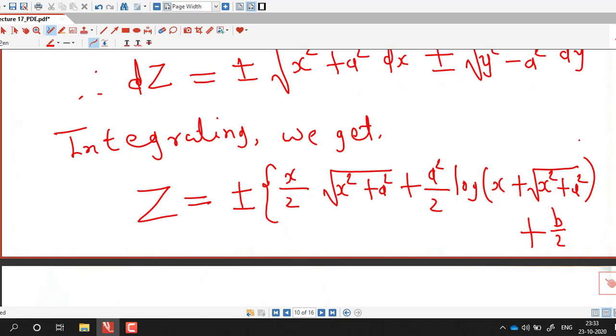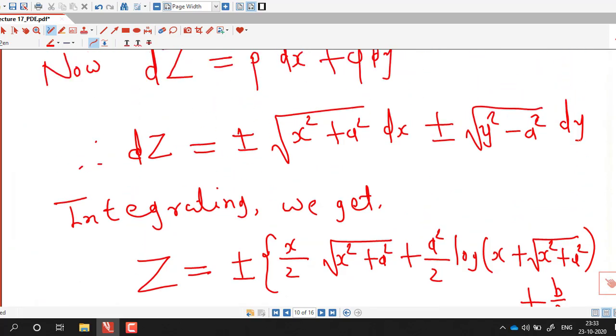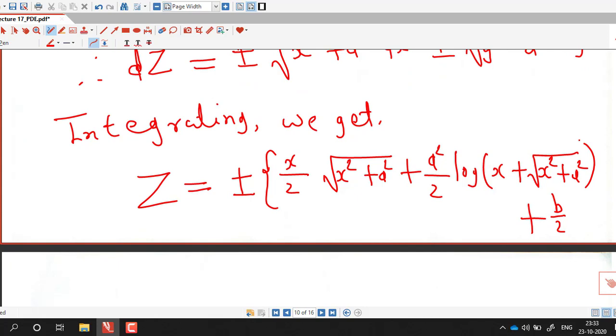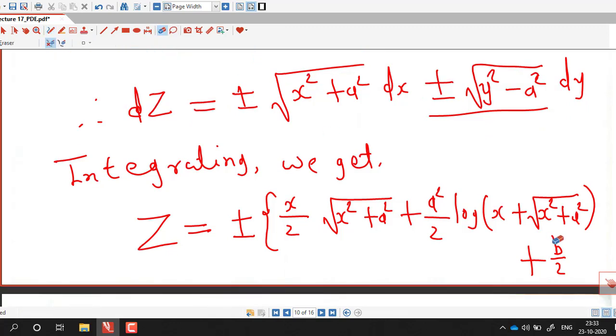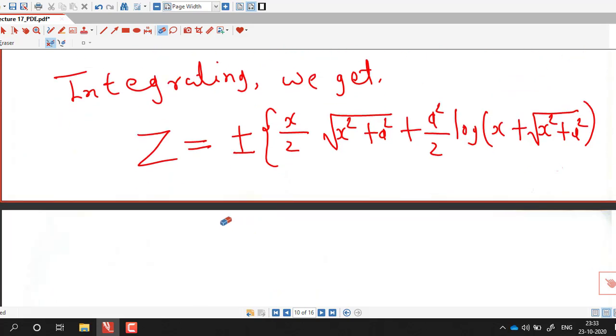Before that we have to write integral of this also.